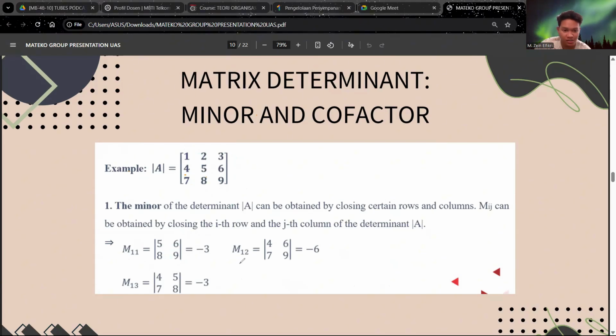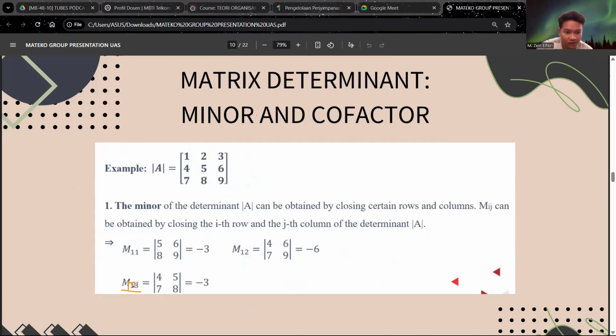We continue to the next example. We have M12. Then we have 1 here as the row. We must close this, and 2 for the column. So we close this. Then we have the numbers 4, 6, 7, 9, like this. And the last one, we have M13.